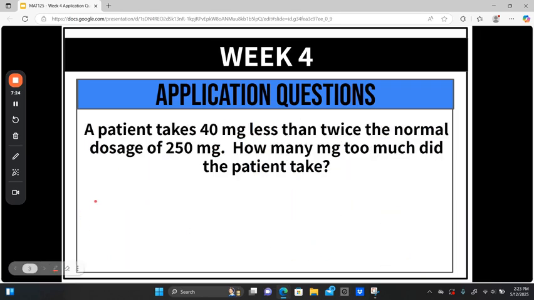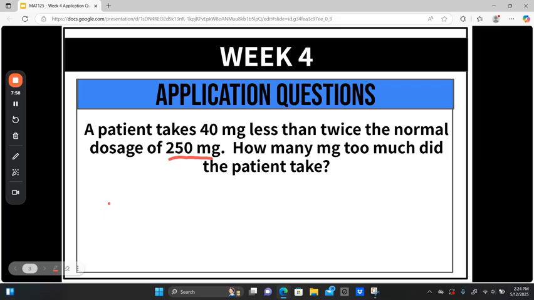All right. Let's look at the last question here. A patient takes 40 milligrams less than twice the normal dosage of 250 milligrams. How many milligrams too much did the patient take? So we know that the normal dosage that they should receive is 250 milligrams. So let's start there. It says they took 40 milligrams less than twice the normal dosage.